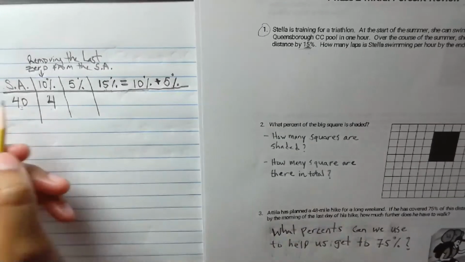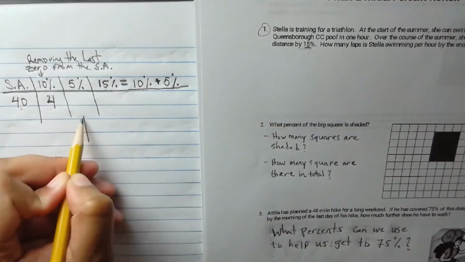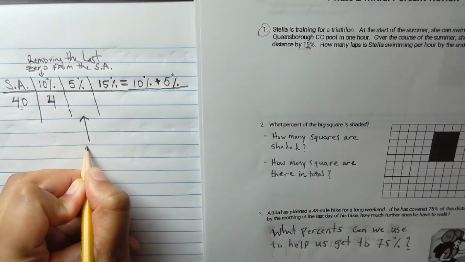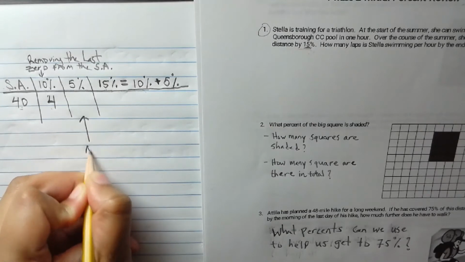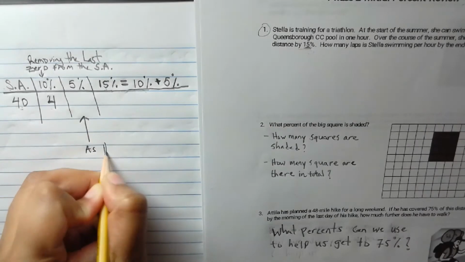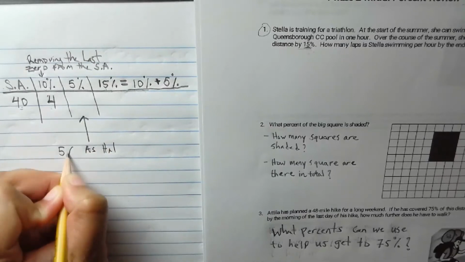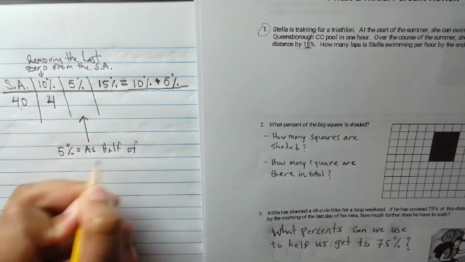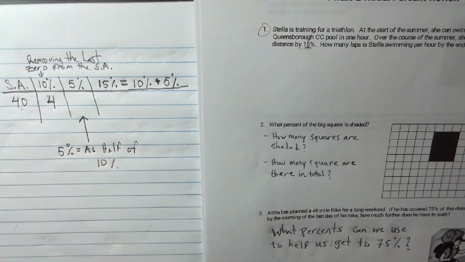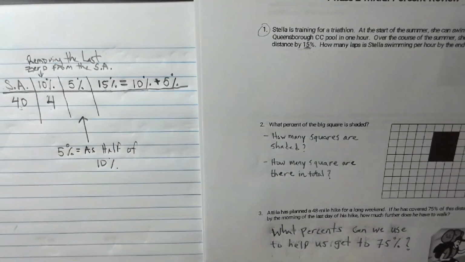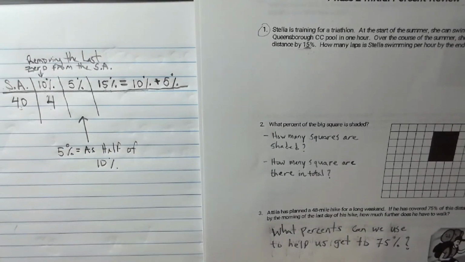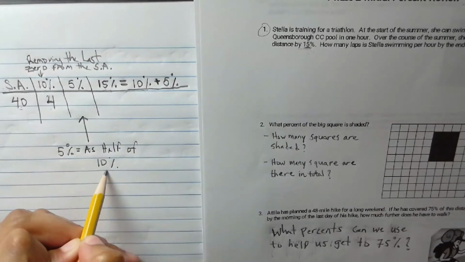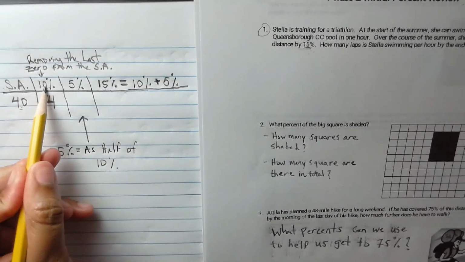Okay, and how do we think about 5%? Well, we could find 5% as half of 10%. Okay, that's how we think about 5%. Well, that means to find 5%, we need to know 10% first, and we found 10% already.